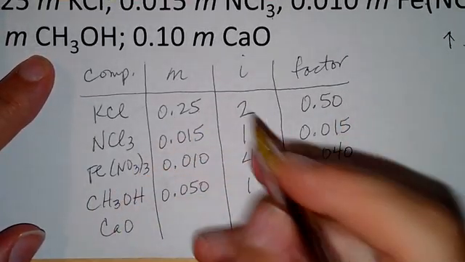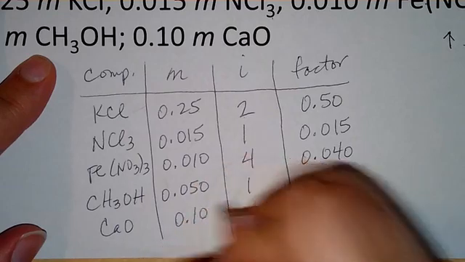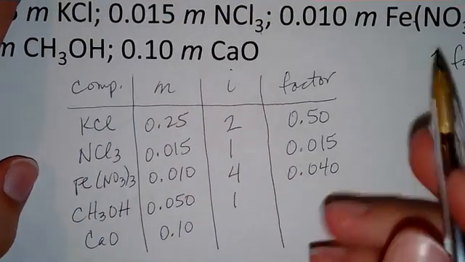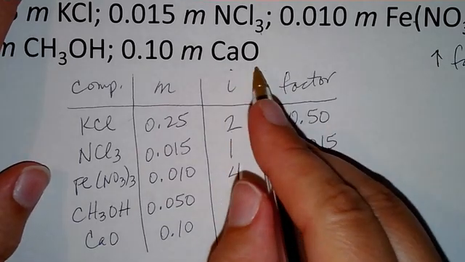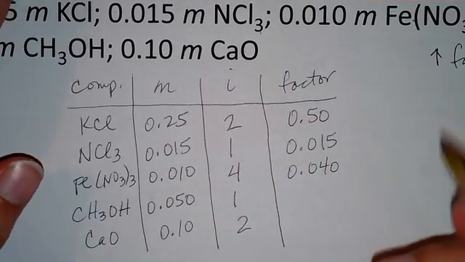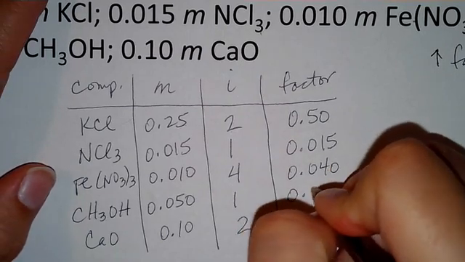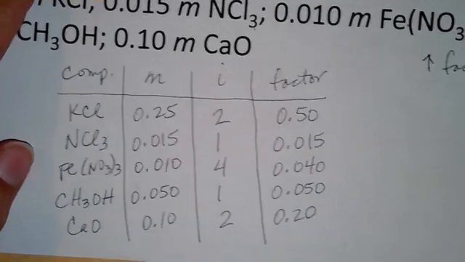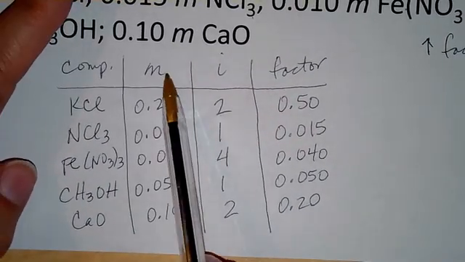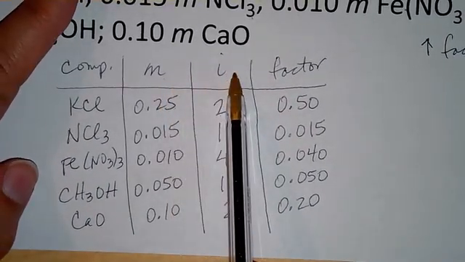Alright, so here's our table. We're just multiplying molality times I value to get our factor. So molality times I gives us the factor that we're looking for. And then we're going to rank these based on the factor. So we're going from lowest freezing point to highest.